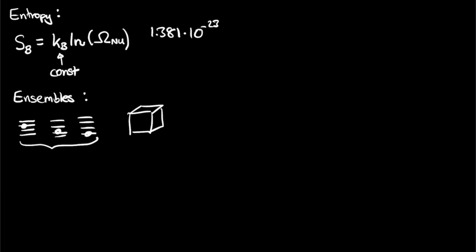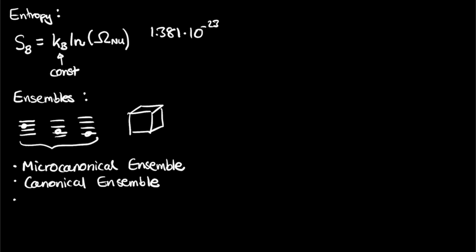We just call it something slightly different in statistical mechanics. And so what are the three different types of ensembles? Well, there is the microcanonical ensemble, there is the canonical ensemble, and finally the grand canonical ensemble.